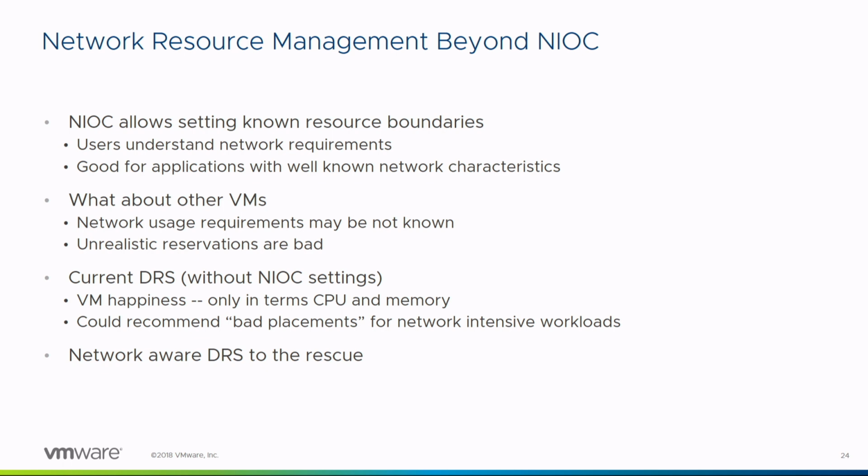So if DRS thinks, oh, this host is good from memory and CPU perspective, it didn't know about network utilization of the host, so it kept on loading one host. So these bad things couldn't happen. So how do we make sure that we at least care about networking and look at the networking metrics? That's the solution we came up with, network aware DRS.